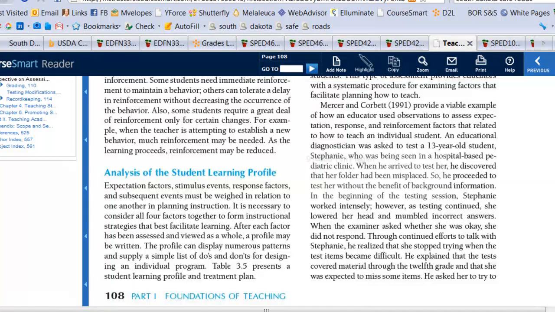When the examiner asked whether she was okay, she did not respond. Through continued efforts to talk with Stephanie, he realized that she stopped trying when the test items became difficult. He explained the test covered material through the 12th grade, and she was expected to miss some items. He asked her to try.